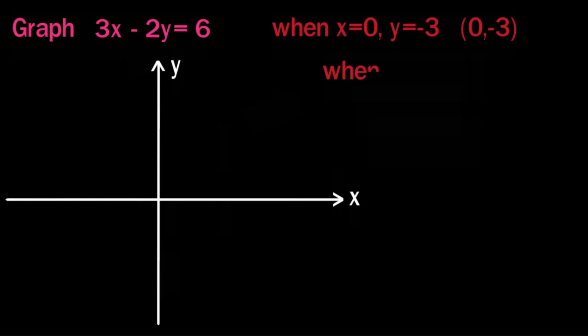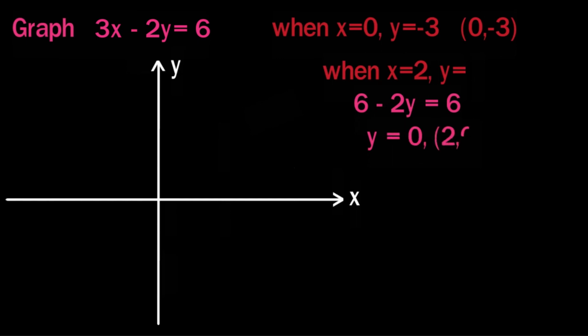When x equals, let's say I take 2, we plug x equal to 2 into this equation. What we get is 6 minus 2y equals 6. Then we will get y equal to 0. So the other point is 2, 0.